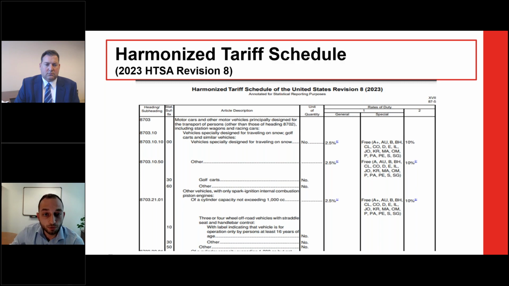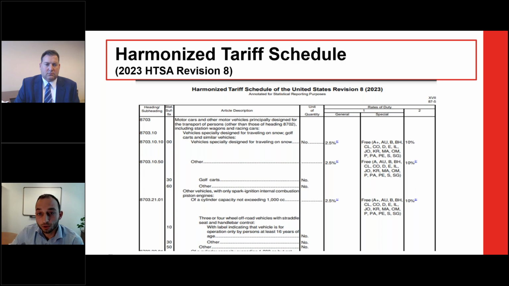And then in the fourth column, you see the unit of quantity, which is essentially the unit of measure in which goods should be reported to CBP for statistical purposes. It may be number, and there may be other units like kilograms or pounds, depending on the product.